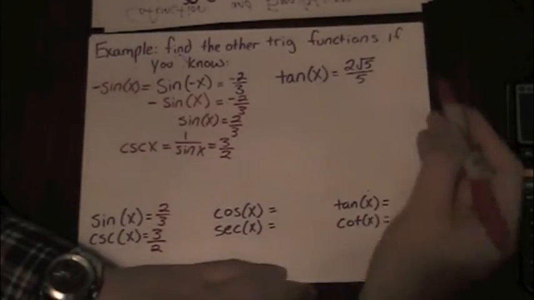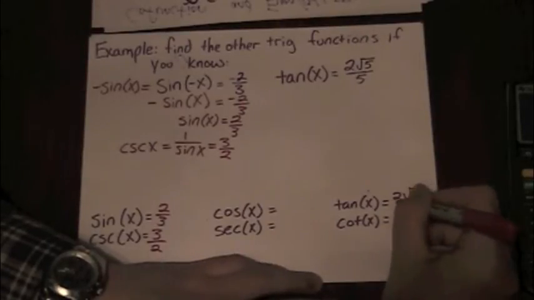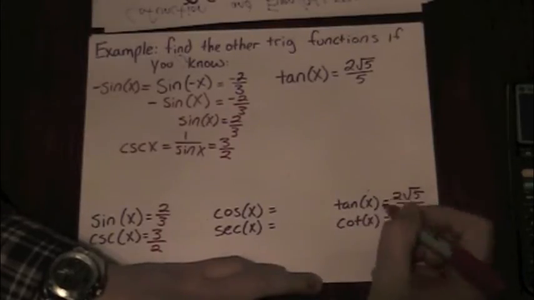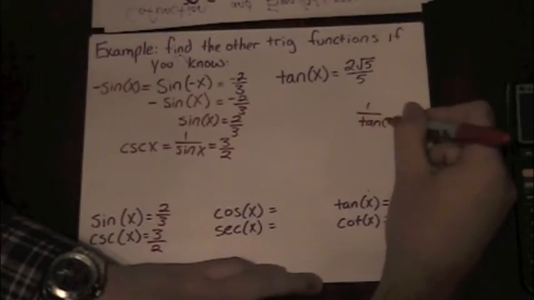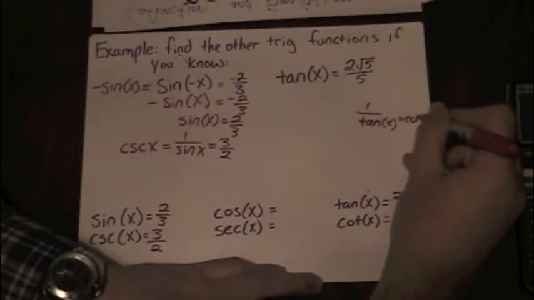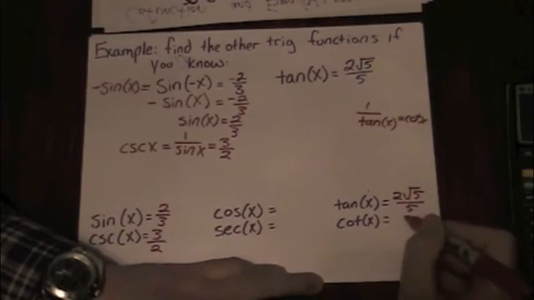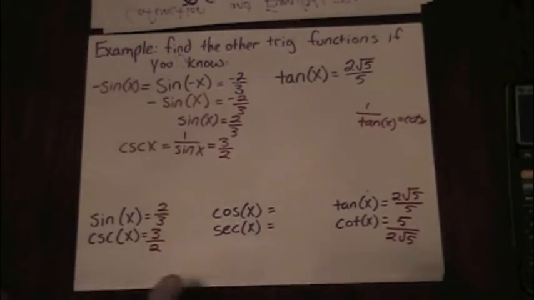The problem also tells me that tangent is equal to 2 square roots of 5 over 5. Cotangent is the reciprocal of tangent. So 1 over tangent of x equals cotangent of x. If I flip this over, I get cotangent equals 5 over 2 square roots of 5.